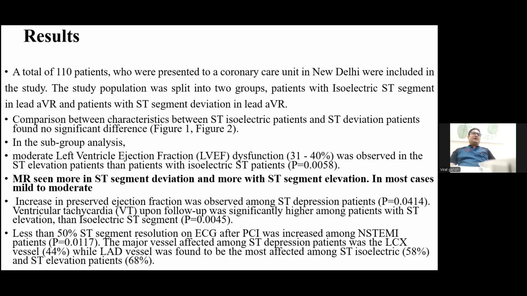MR is mostly mild to moderate. VT was more common in patients with ST segment depression, which we saw in the table. Clinically it had some significance, with p value 0.0045. This data was significant. Some patients had more VT with ST segment deviation in lead AVR.